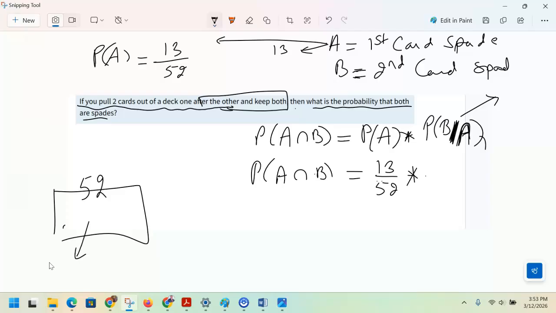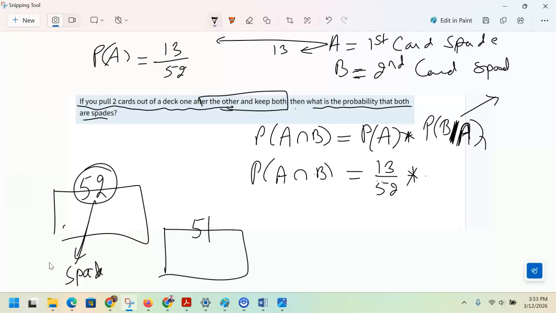It means what is left is no longer 52 but 51 cards, and since one spade is taken out, the remaining will be 12 spade cards. So out of 51 cards you're selecting, you are choosing 12 cards. Okay? So this is how it works.